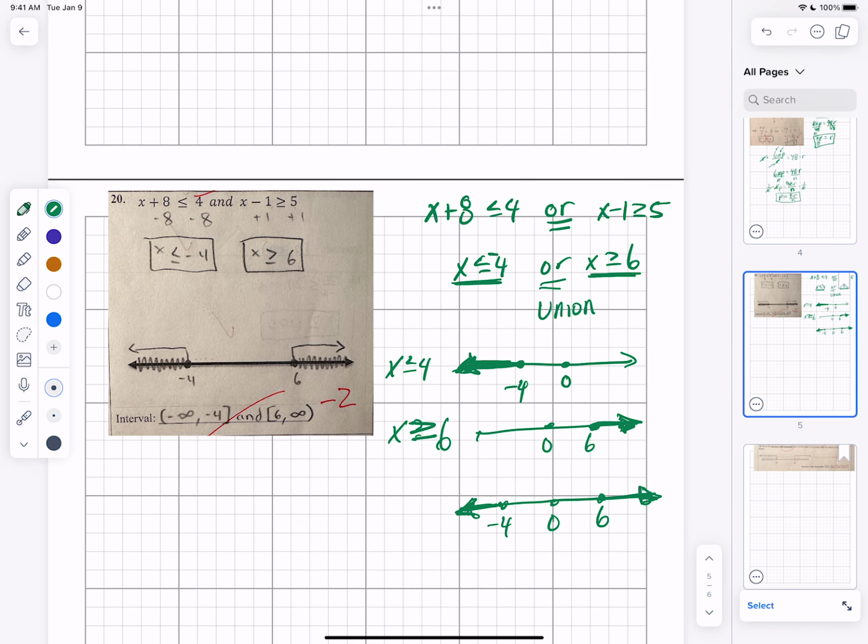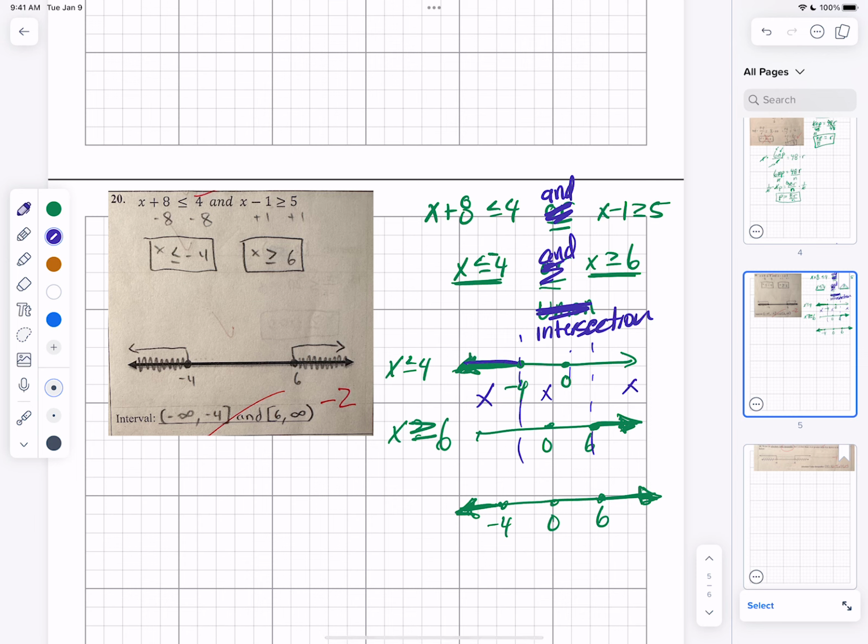Now, if it's an AND, it's a different story. So now let's make this an AND. Now it's an intersection. So where do these intersect? Where are these the same? Well, if I look at this piece over here, or this piece here, there's no part where they're both solid lines.